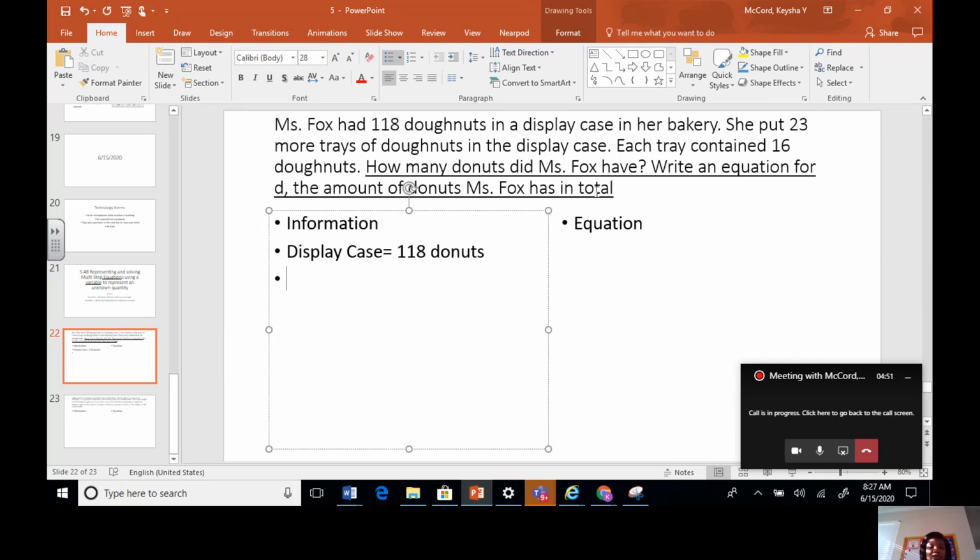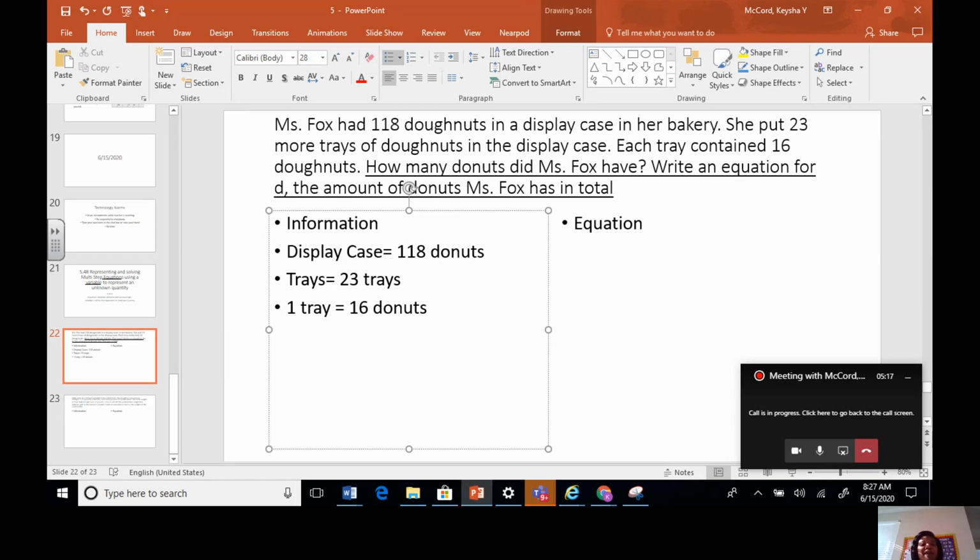So she puts how many more trays? 23 trays. And I know one tray has how many donuts? 16 donuts, right? So if you notice that there is a relationship, you probably made a chart. You probably made a T-chart with that relationship, and that's okay.